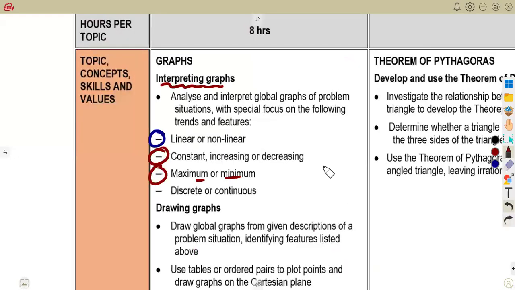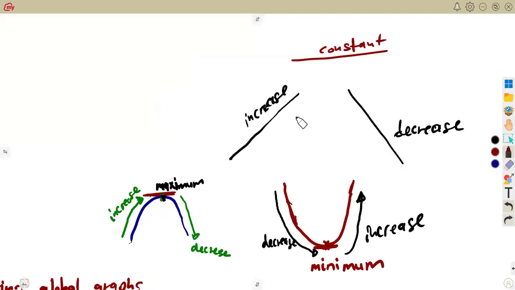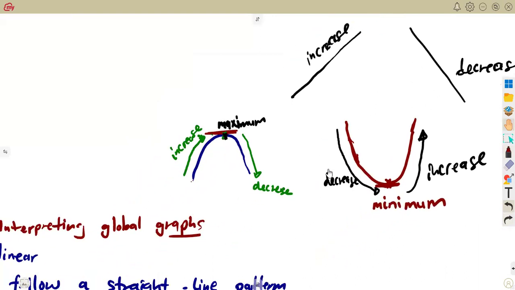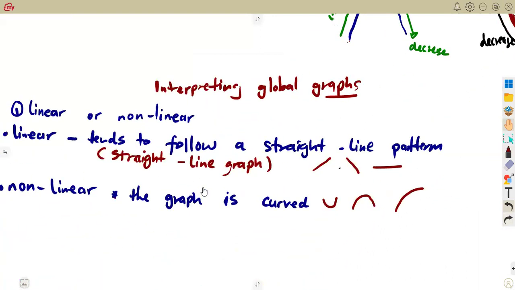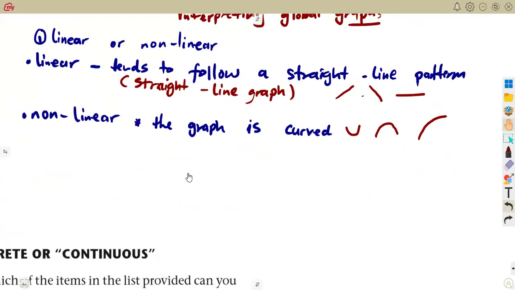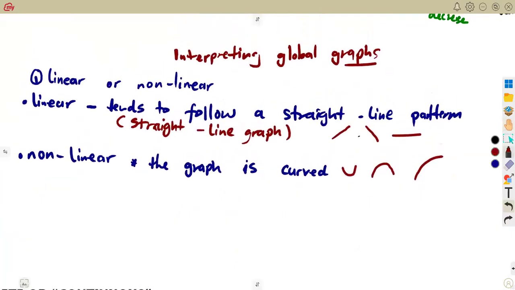Then we have the major part of being discrete or continuous. They want you to interpret these terms in terms of your graphs. You have these graphs, which can be linear, as we had, or non-linear. But when interpreting about being discrete or continuous, what is it that we are saying?